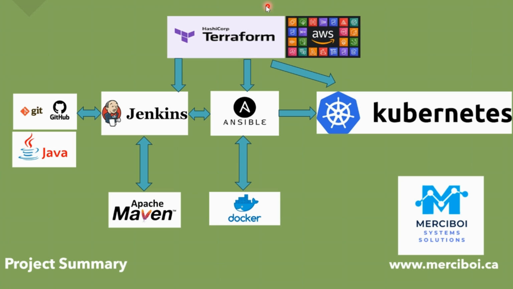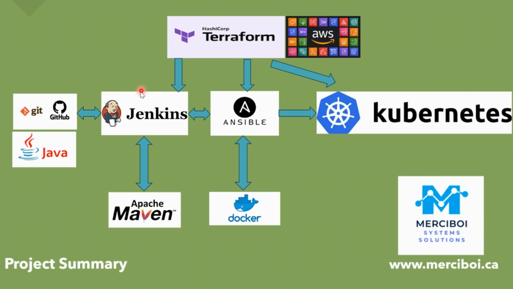A quick rundown of the steps. After we have installed Terraform and configured Terraform, we will use that to provision the infrastructure as needed. Jenkins would be our CI/CD tool of choice, which would, in the continuous integration job, pull the source code from a private GitHub repository.